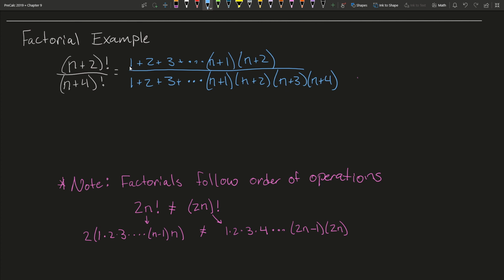Now, the top and the bottom have common factors 1 all the way up until n plus 2. So we can cancel all those out. And we're left with this, okay? And obviously, I would rather you guys FOIL that and simplify it, but for now, this works.